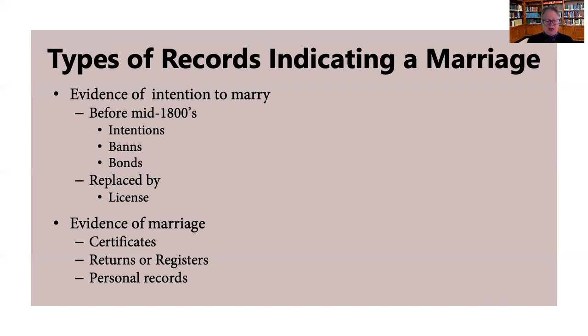Documentation in town records of intentions and bonds were gradually replaced by the license. And I will show you examples of each of these types of documents in the next several slides. Evidence that the marriage actually took place include the modern-day certificate, town clerk registers, parish registers, returns, and of course, personal records.